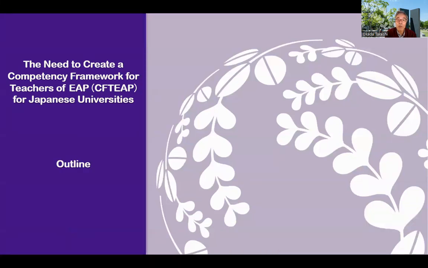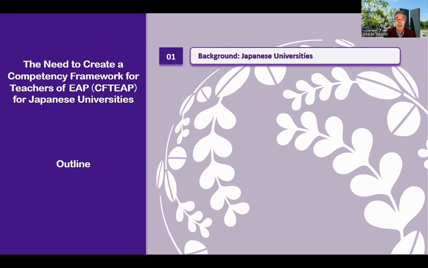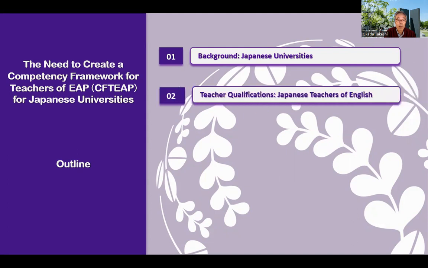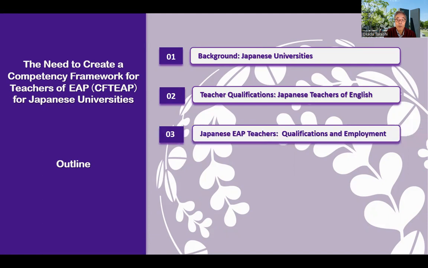The talk will follow this outline. First, I will give an overview of university education in contemporary Japan with brief historical references. And second, I will discuss the qualifications required of English teachers in Japan. Third, we will observe some examples of the qualifications required, especially in EAP teacher employment in Japan.